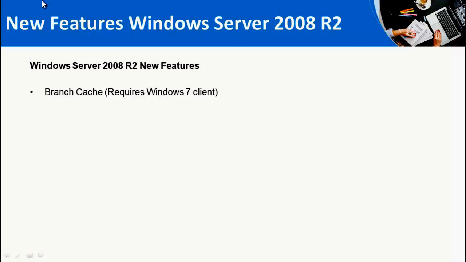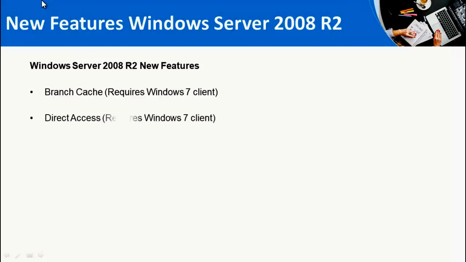In that regard, branch cache is the first one that I would like to discuss. Branch cache allows files to be cached on the local network rather than copying them over the WAN again. Branch cache only works with Windows 7 clients.